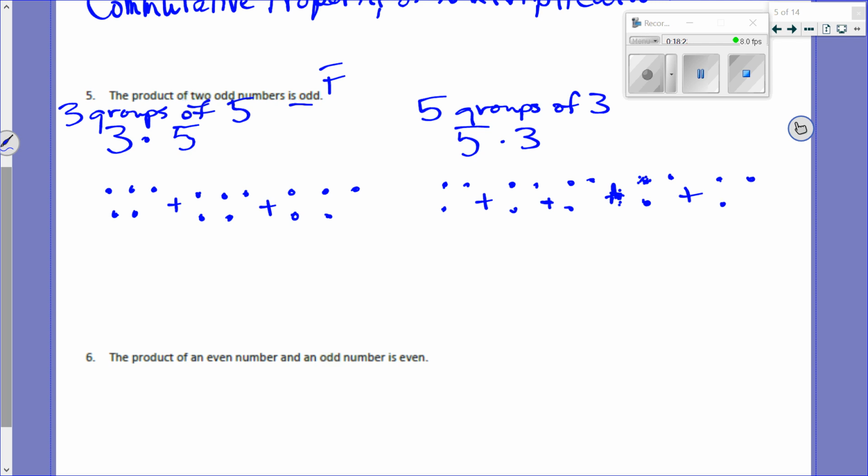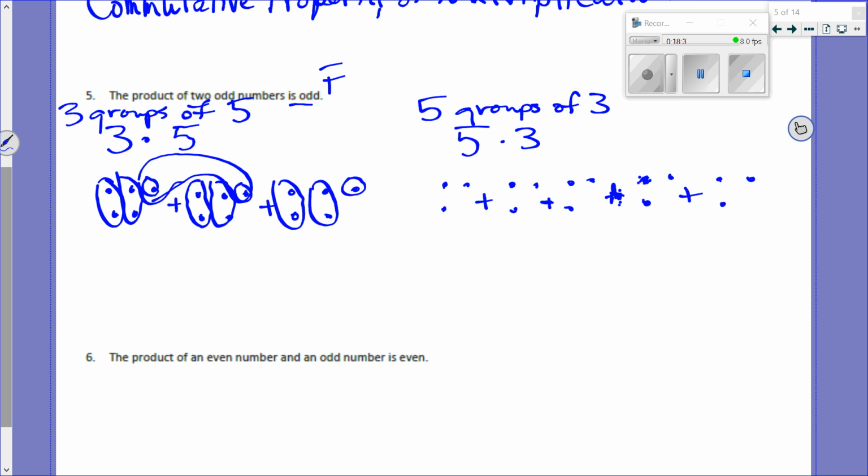3, 4, there's 5. So doing our same task, let's put together our pairs. We have a pair here with a loner, pair here with a loner, pair here with a loner. So I have 2 of those loners that can make an additional pair. But what do we see? We got one lone guy left out there, right? What if we did the 5 groups of 3?